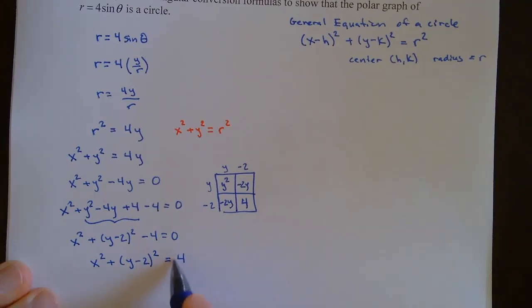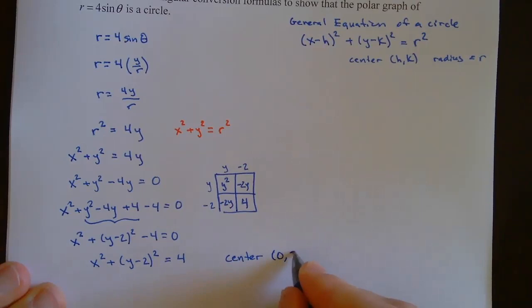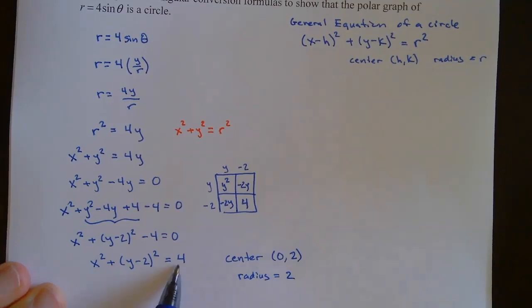Okay, so I can tell by this number right here that that's r squared, so my r would have to be 2. So I can tell this is a circle, right? And the center, we didn't move the x at all, right? So it'd be 0, and we move the y up 2, because that's what that would do. So 0 comma 2, and the radius would equal 2, because this is the radius squared right there.